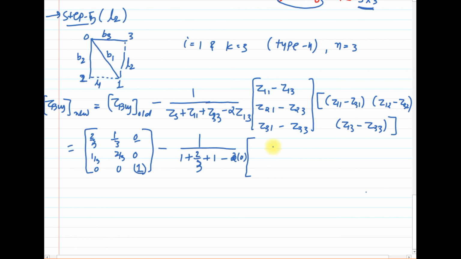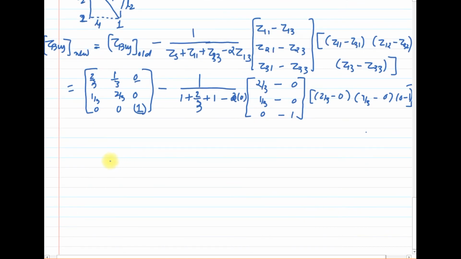Z11 is 2 by 3, Z13 is 0. Again Z21 is 1 by 3, Z23 is 0, and the final Z31 is 0, and Z33 is 1. Clear? Same way for the row vector, which is 2 by 3 minus 0. Yes, just verify it by yourself.